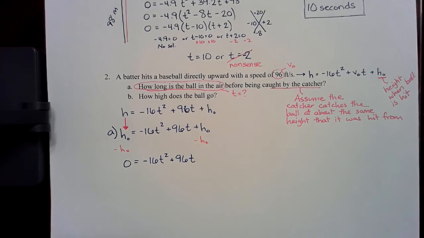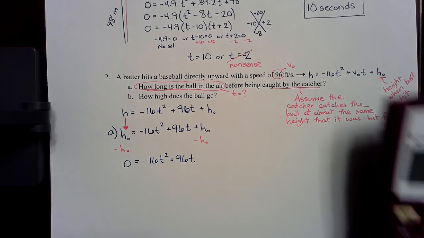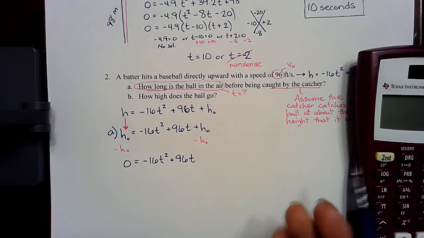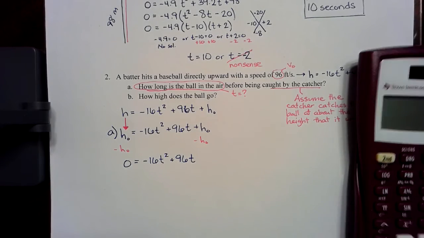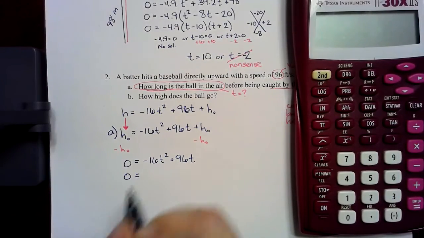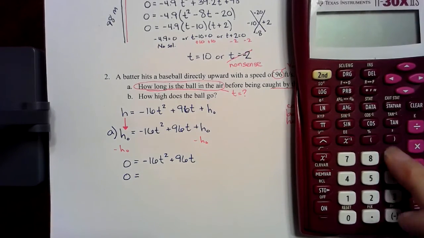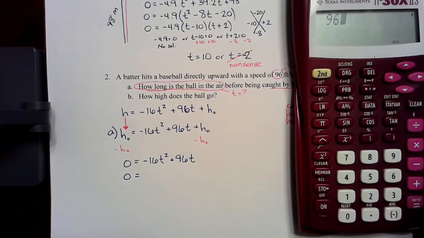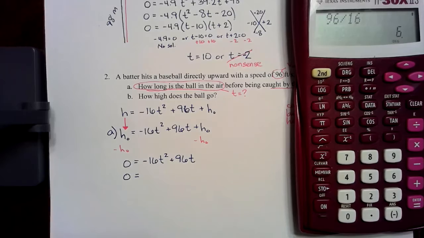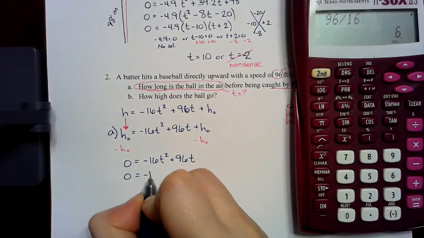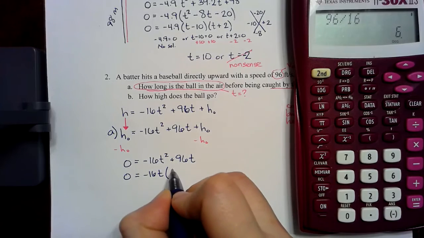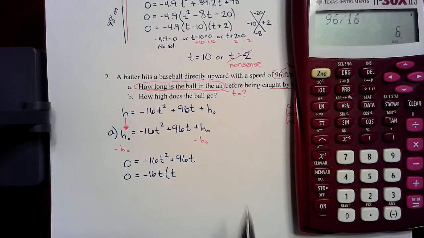And this is looking very good. It doesn't even have a number part. So when I try and factor this, all I'm going to need to do is pull out that greatest common factor. So 96 divided by 16 goes in evenly. I can pull out a whole negative 16 t, which is going to leave me with just t from the first part.